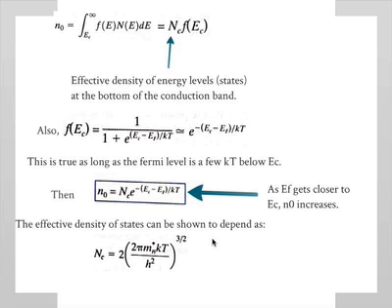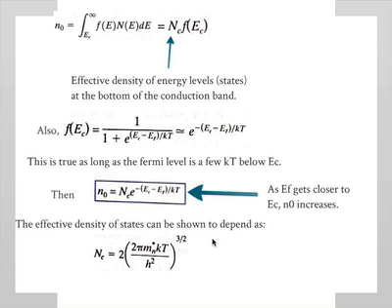Now recall that the effective mass of the electron depends on the curvature of the band. So it depends on the crystal structure, which means that the density of states, of course, depends on the crystal structure, which is why we need to know the crystal structure. So I'm tying it back to your first lecture.